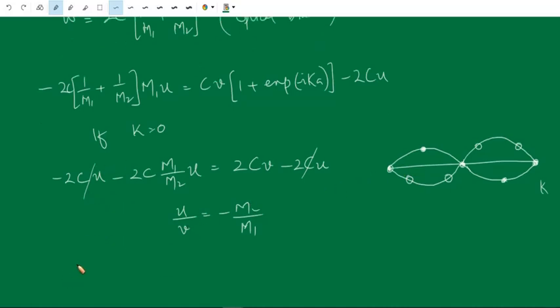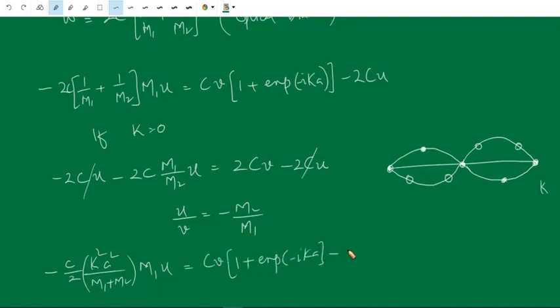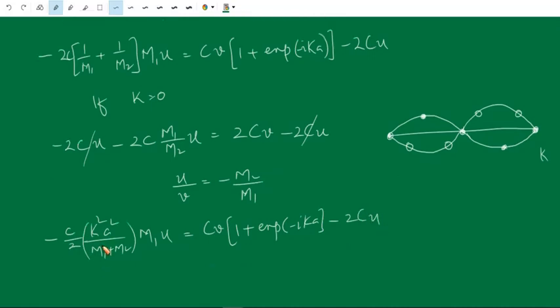Now if we substitute the value of omega square corresponding to the acoustic mode in equation number 3, what happens when k equals 0? When k equals 0, this entire term will become 0, and the exponential of 0 is 1.